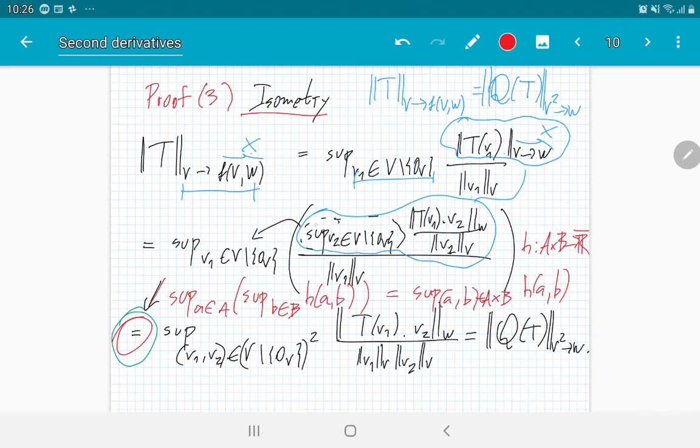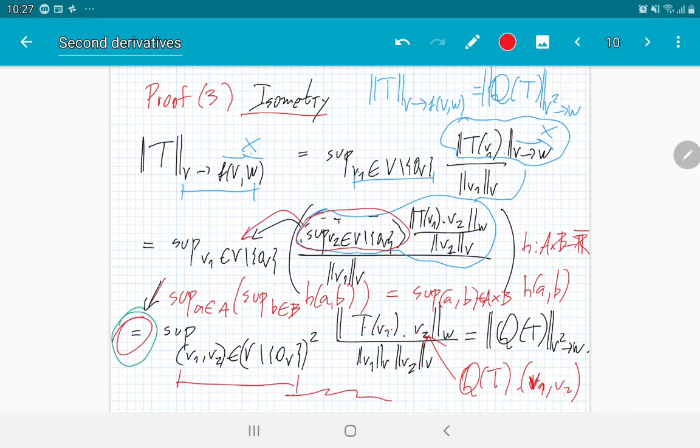Because now what I did before is I took the supremum and moved it outside. So I'm taking a supremum in V1 and V2 together, both non-zero, of T V1 applied to V2 divided by the product of the norms. Now this on top is Q of T applied to V1, V2. And so the supremum here is just the norm of this bilinear map.